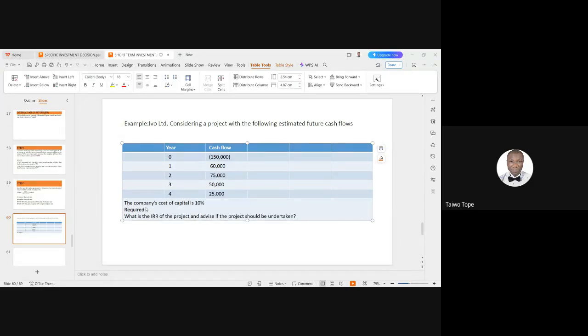But once you compute and you have 15%, 20%, anything above 10%, you should do what? You should accept. Because the decision rule is that what? Accept a project if the internal rate of return is greater than or equal to the company's what? Cost of capital.